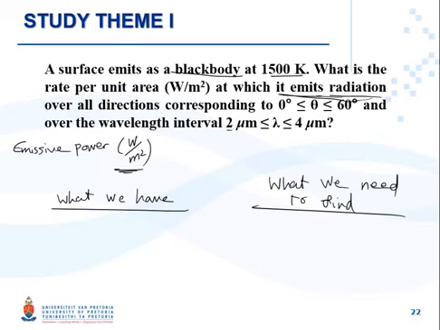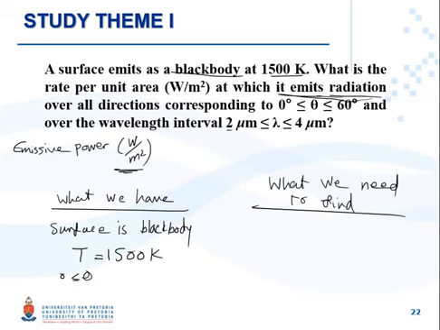What we have: we know that the surface is a black body. T is 1500. Theta is between 0 and 60 degrees, and the interval for wavelength is between 2 and 4 micrometer. What we need to find is emissive power.